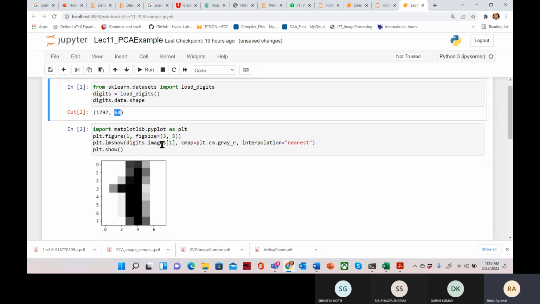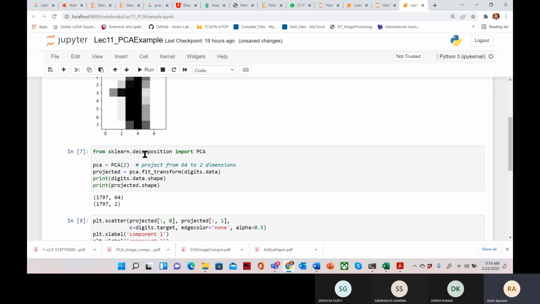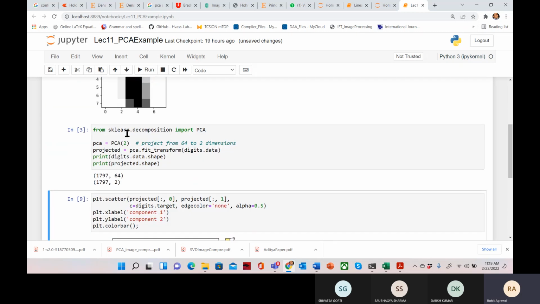Now we are using principal component analysis. From sklearn dot decomposition, import PCA. After importing this, we use PCA with number of components two. I will show you the documentation.